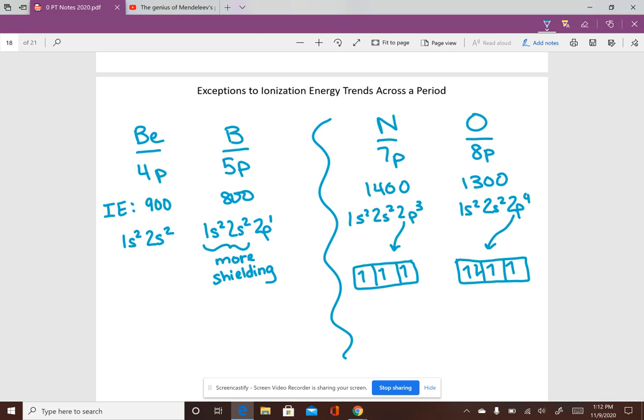What do I have going on in this orbital? I have increased repulsion. So if those electrons are already pushing away from each other, it's going to make one of them easier to remove.